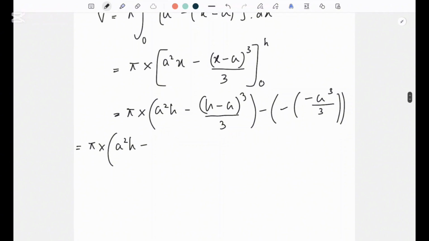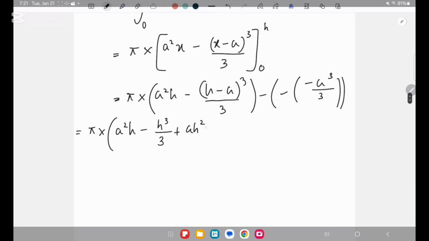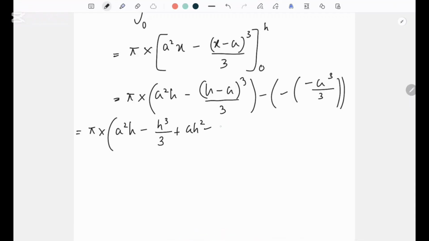So the expansion of (h minus a) to the power 3 over 3, and we have a minus in front, right? So that gives you h cubed over 3 plus a h squared minus a squared h plus a cubed over 3.